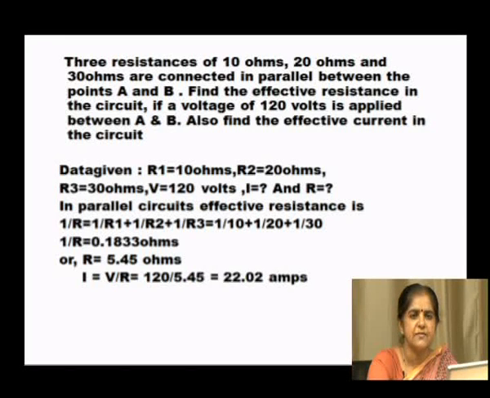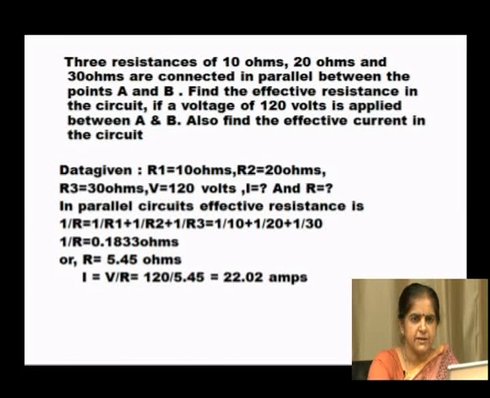So, what would be the effective resistance in the circuit? The effective resistance is given by the equation 1 by R is equal to 1 by R1 plus 1 by R2 plus 1 by R3. Substitute the values of R1, R2 and R3 in the given equation. By substituting the values, we get 1 by 10 plus 1 by 20 plus 1 by 30.